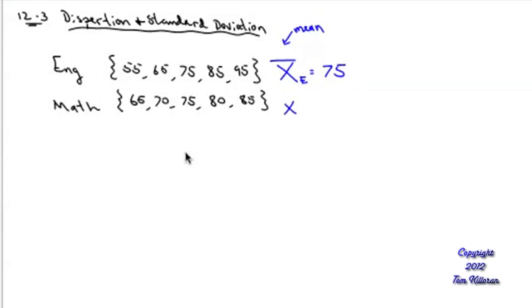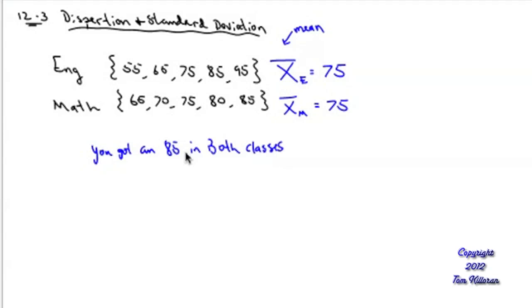What about the mean of the math test? It's 75 also. So these two tests have exactly the same average. Let's say you got an 85 in both classes.